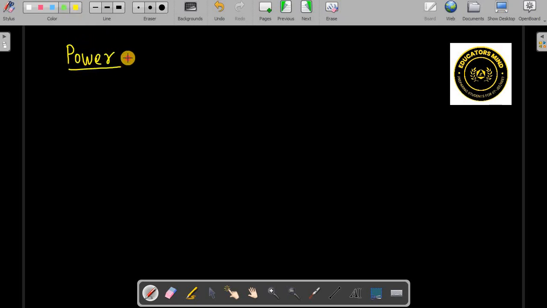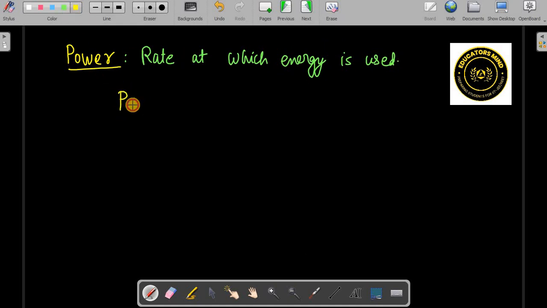What is power? Power is the rate at which energy is used. Power is the rate of doing work, dW by dt. Now what is work? Work is the dot product of force and displacement.